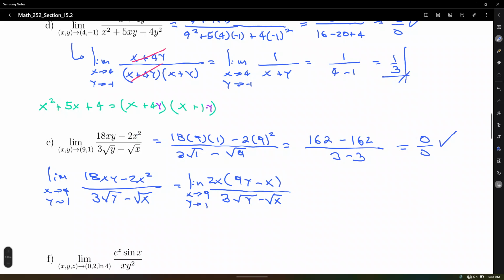Anything else we can think of for this one right here? What do you think of when you see radicals in a limit problem? Multiplying the numerator and the denominator by the conjugate, which is known as rationalizing the denominator, right?